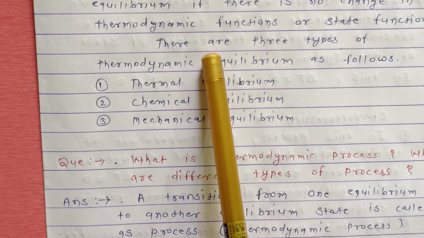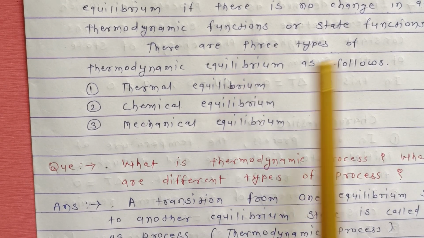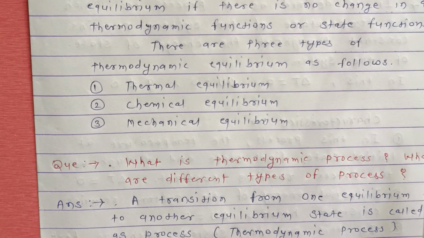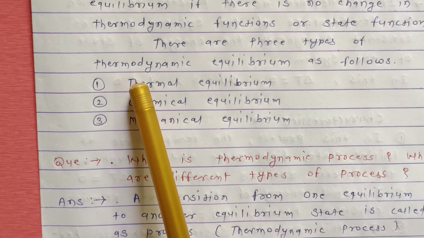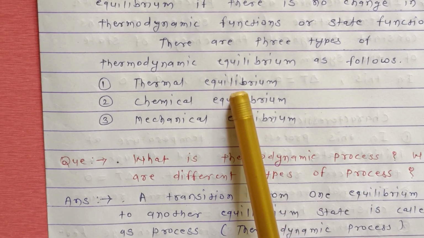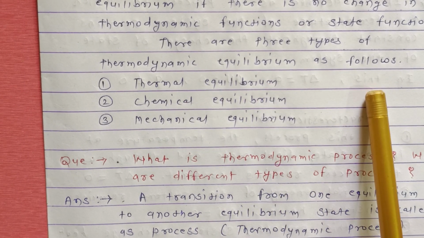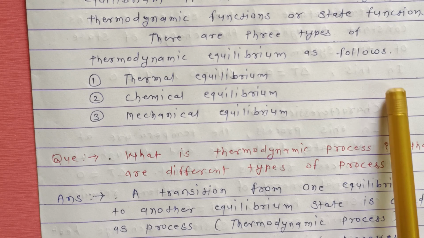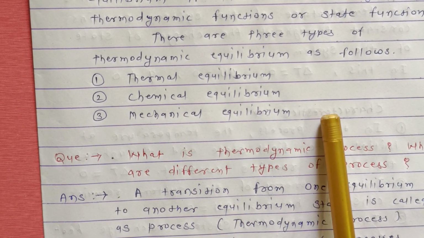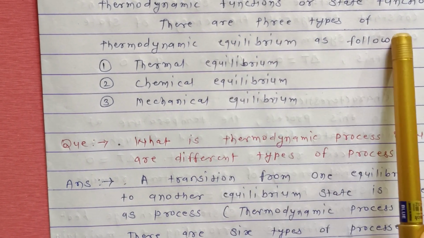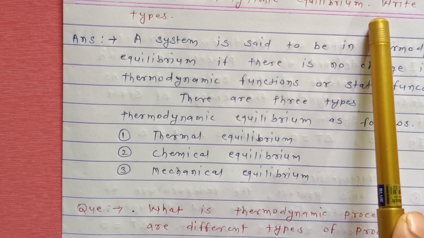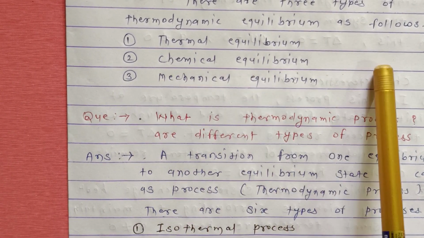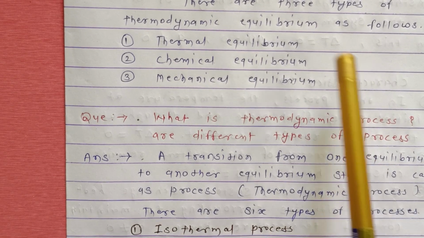Thermodynamic equilibrium means there is no change in any kind of state functions as well as thermodynamic functions. This criterion is applied in three ways. Only their types are provided in our syllabus, their explanation is not given, that's why we are interested only in their types.